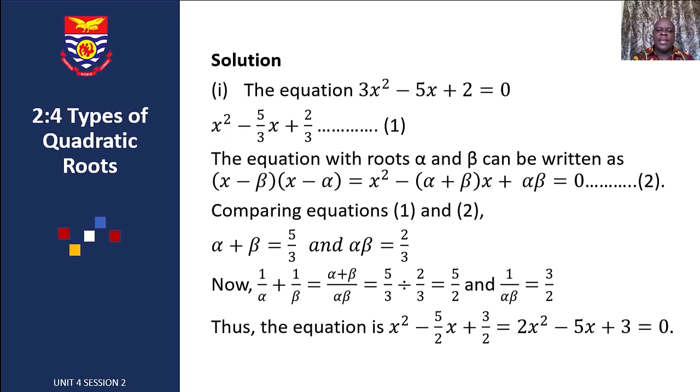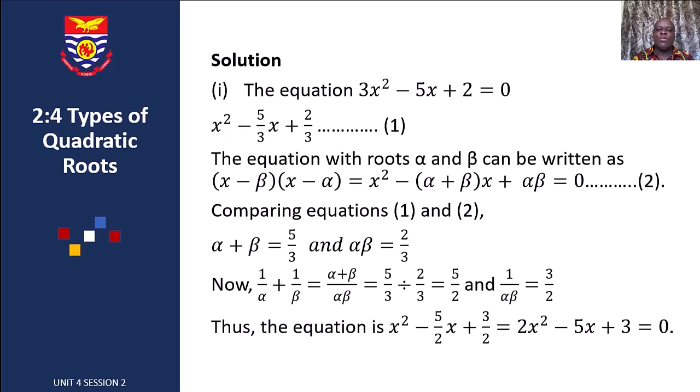We call this equation 1. Then we have also seen that the product of the factors x minus beta and x minus alpha gives us x squared minus (alpha plus beta), which is the sum, times x, plus alpha beta, which is the product, is equal to 0.